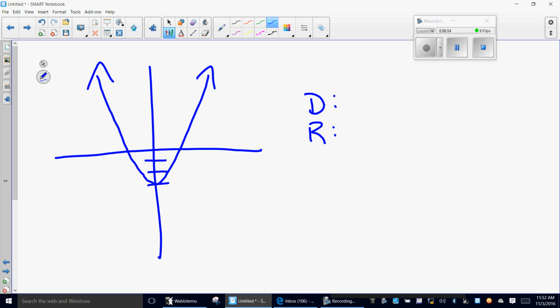Domain goes left to right. So how far left? To negative infinity. How far right? Forever. So what's the domain? All real numbers. Okay?